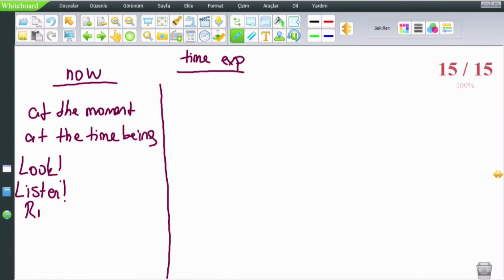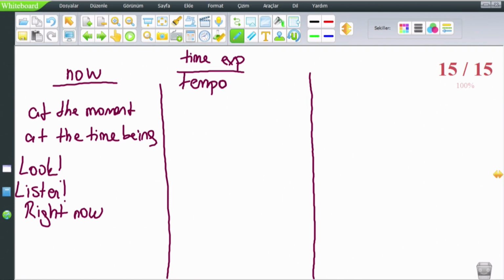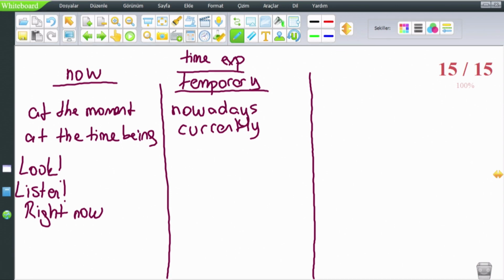Or I can say right now, and etc. If we are talking about temporary situations, we can use nowadays, we can use currently. For example, this week or this month.